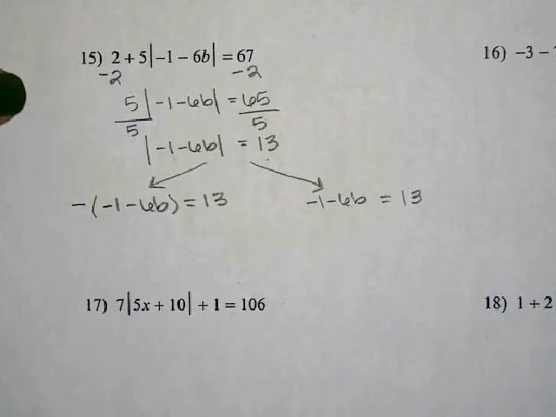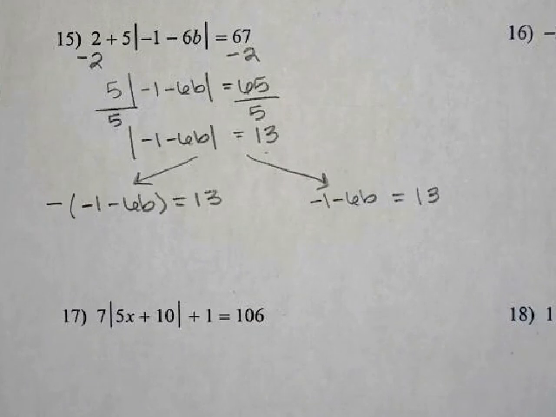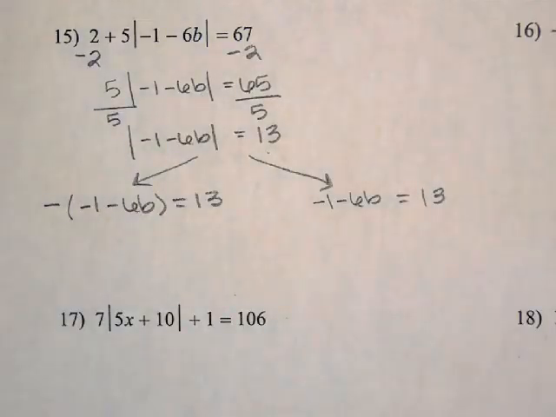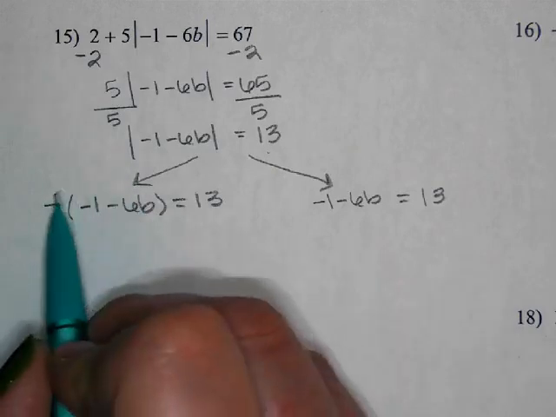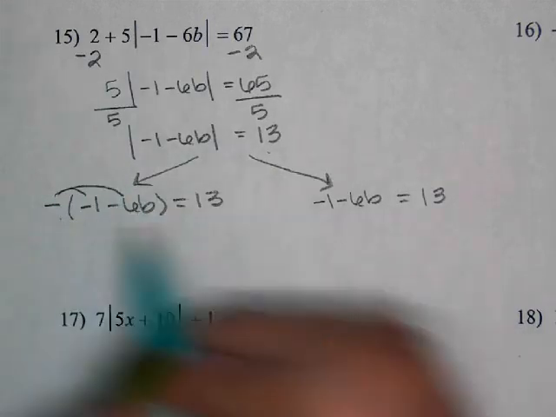Okay, so what should we do over here? Distribute the negative. We get +1 plus 6b equals 13.